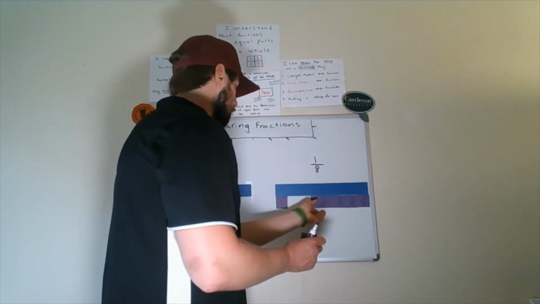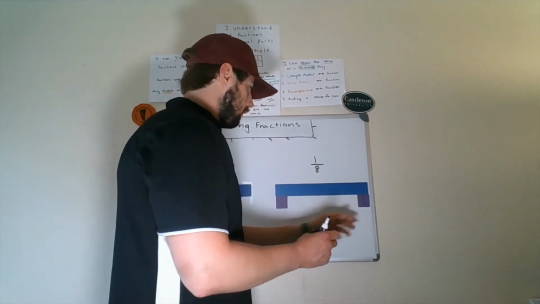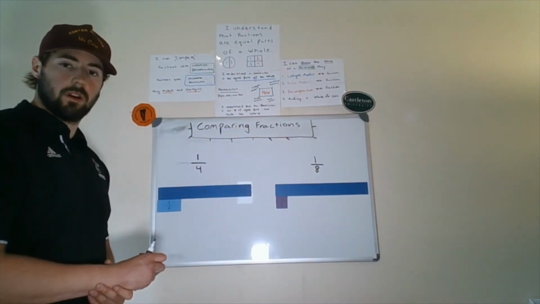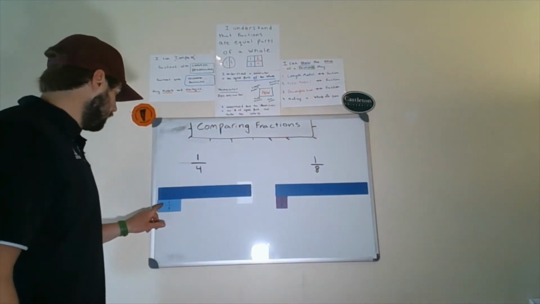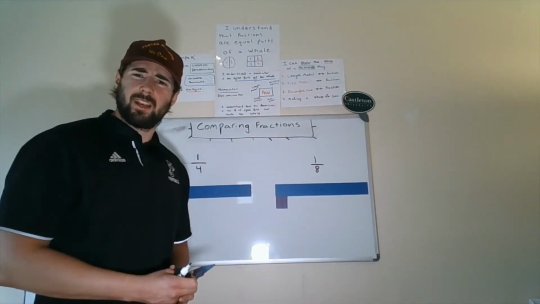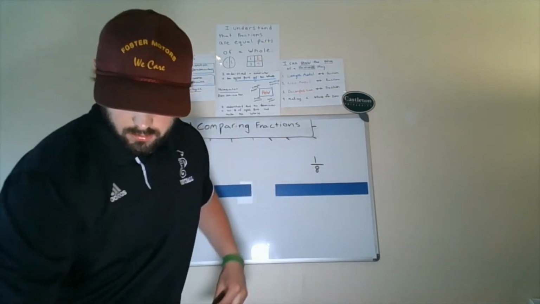Let's take a look at which is bigger. Lost an 8. What do you think? 1/4 is bigger than 1/8. 1/4 is greater than 1/8. Here is 1/8, here is 1/4.